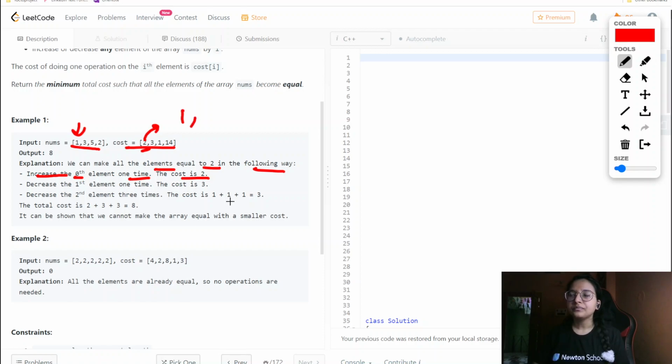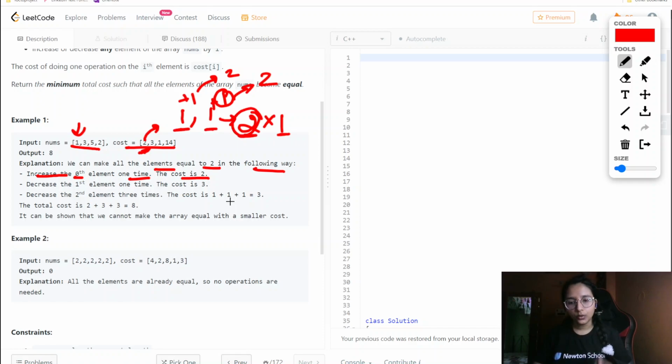So if we increase by plus 1, then only it will become 2. And cost is also given as 2, right? Multiply by 1. 1 is the number of times we are increasing it and 2 is the cost which is given here. And why was the cost 2? Because 1 was occurring 2 times. What I'm saying, I'm again repeating. So this 1 which is given to us is occurring 2 times.